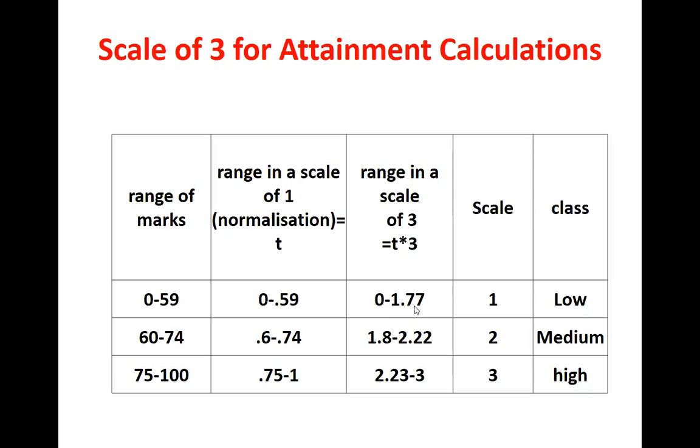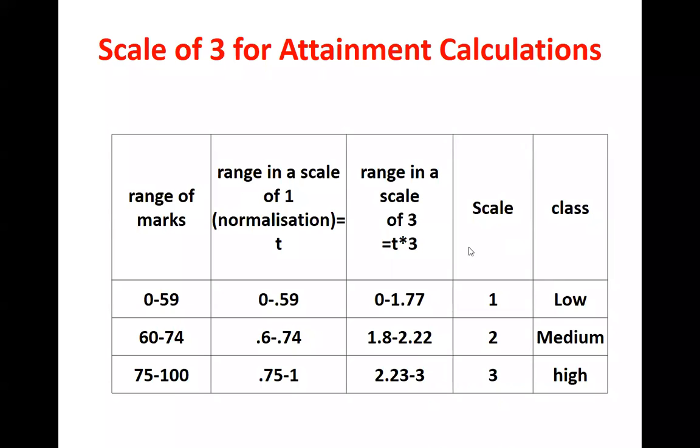So now it is 0 to 1.77, 1.8 to 2.22, 2.23 to 3. So after normalization, I have brought it to a scale of 3. This is the first level, second level, and third level. The first level indicates low, the second level indicates medium, and the third level indicates the highest level.